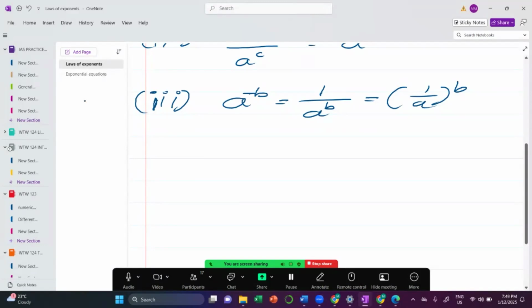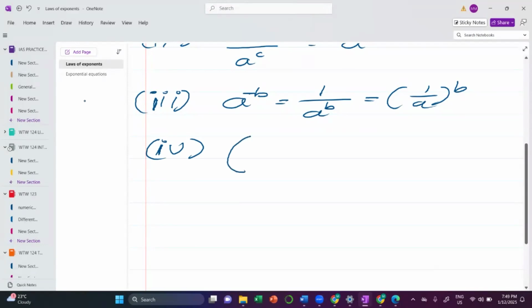So now, let's go to number 4. What if we are dividing, let's say I have a divided by b, all to the exponent of negative c, and I want this c to be positive. What can I do? I can simply swap a and b. Whatever was at the top, I take to the bottom, and whatever was at the bottom, I take to the top.